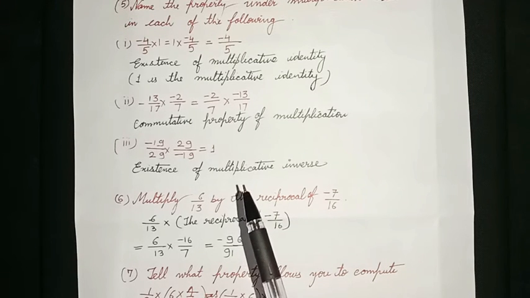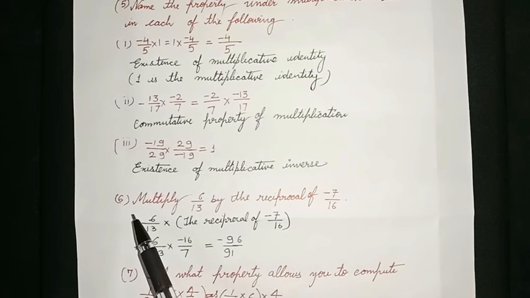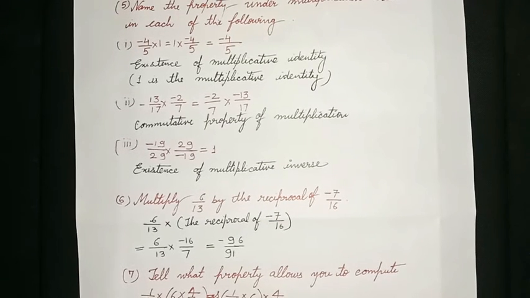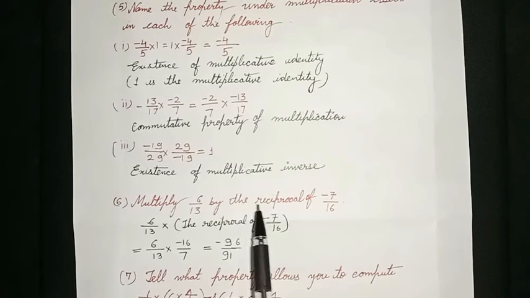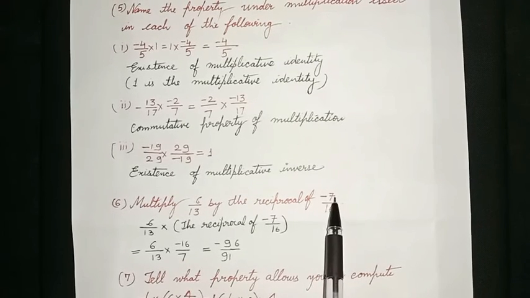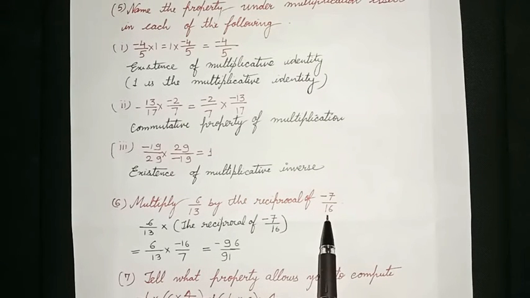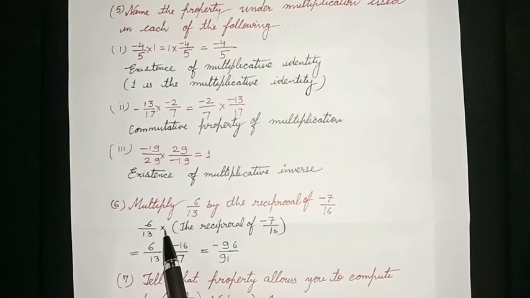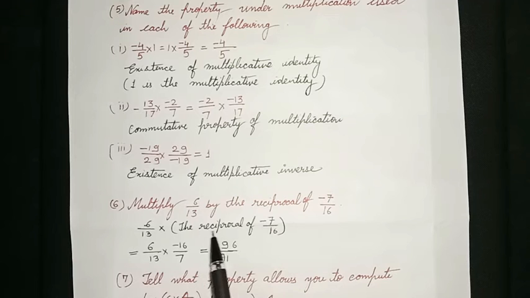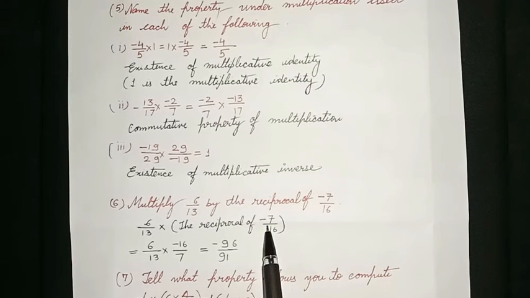Now question number 6. Question number 6 is: multiply 6 upon 13 by the reciprocal of minus 7 upon 16. Here, 6 upon 13 into the reciprocal of minus 7 upon 16.